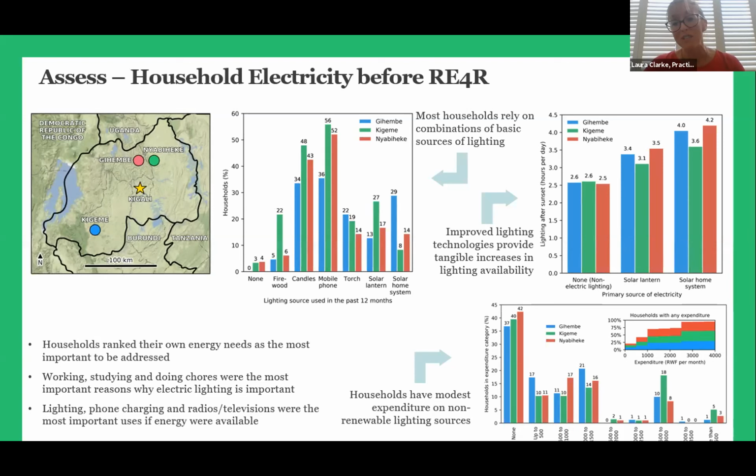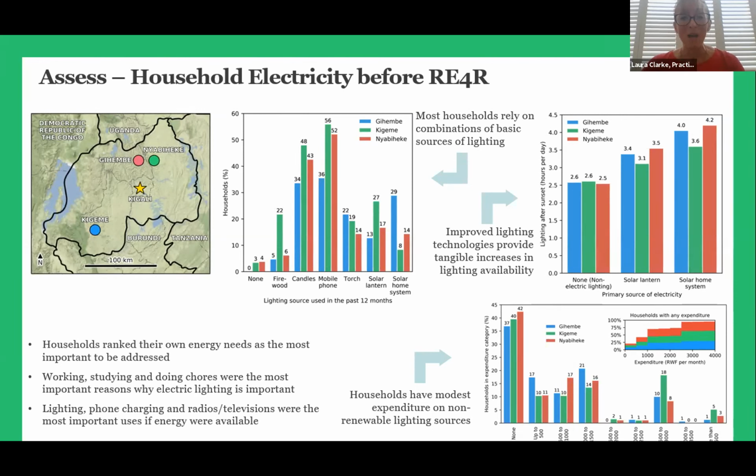So what we were trying to do is look at what segments we could see in the market based on people's existing expenditure on non-renewable lighting sources, and then try to engage private sector companies to be able to offer alternative, renewable, better quality, ideally tier 1 solar home systems to be able to replace the spending that was being expended on non-renewable lighting sources.